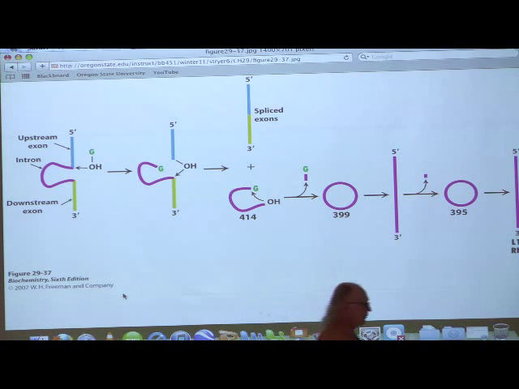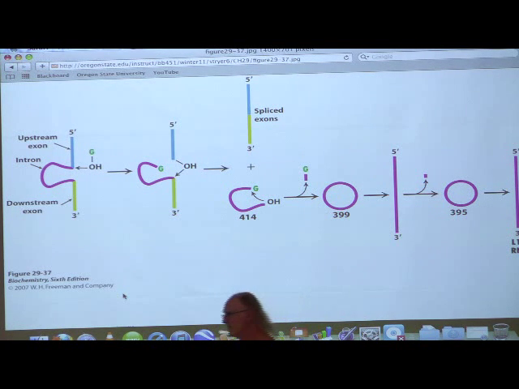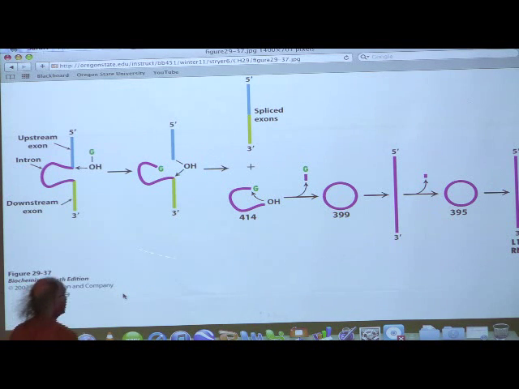A ribozyme, R-I-B-O-Z-Y-M-E, is a name we give to an RNA that can catalyze a reaction. Since then, several catalytic RNAs have been discovered, at least one of which we'll talk about later in this class, that is of extreme importance.